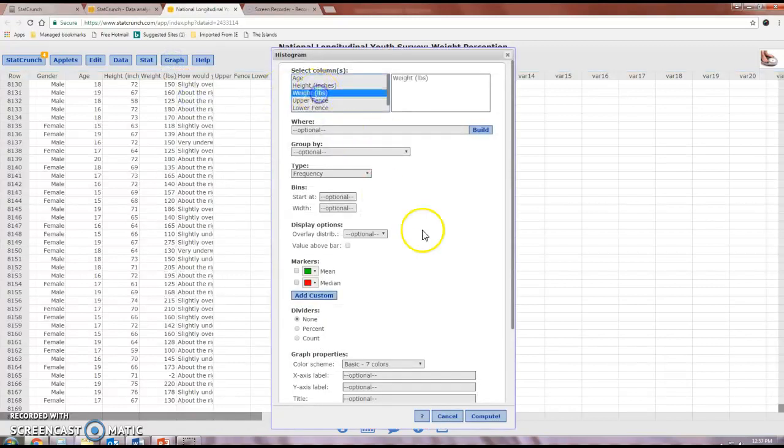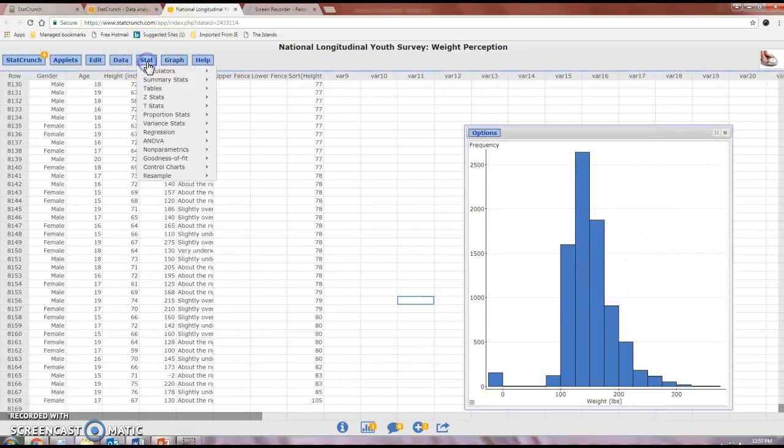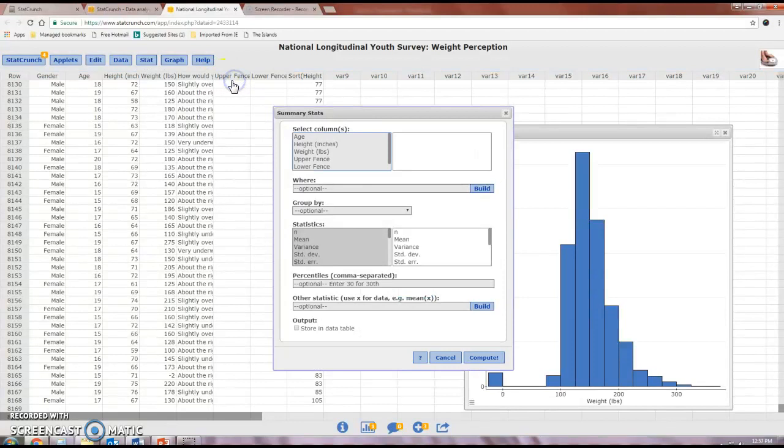Histogram of the weight, see what kind of distribution we got here. Looks fairly normal to me. Now, let's see if we can get some summary statistics on the weight.